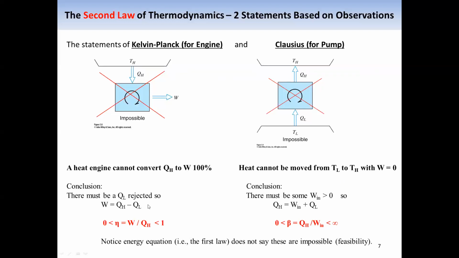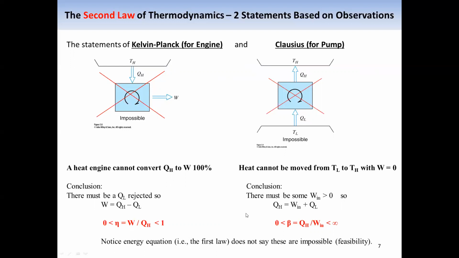Mathematically, if we start with the energy balance equation we have seen before and look at the efficiency, we know the efficiency has to be between 0 and 1. It cannot even be 1.